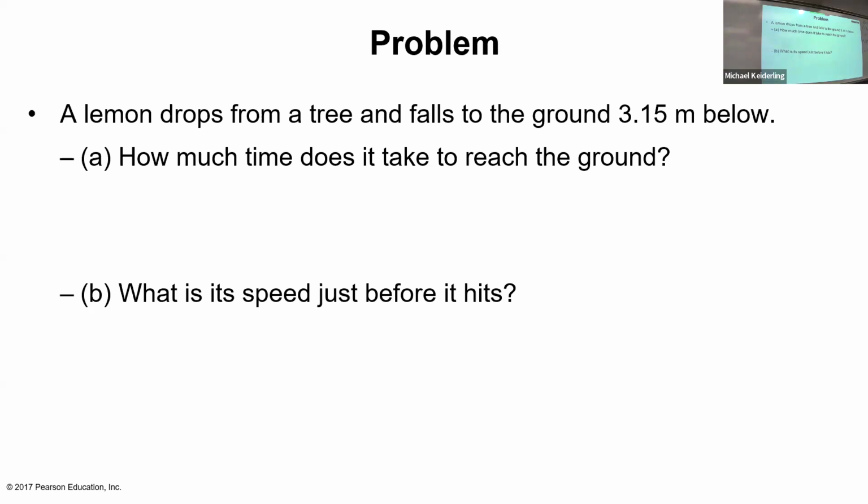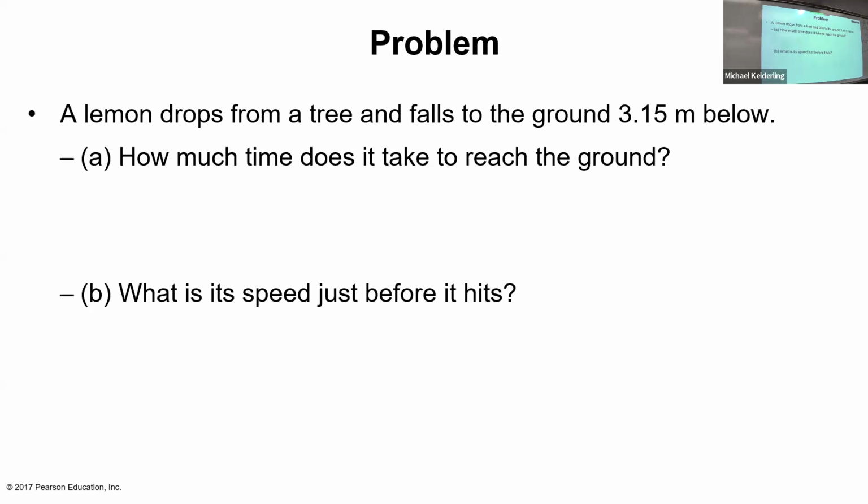Because if your positive direction is up, then your acceleration is negative g, because your acceleration is down. Does that make sense? So if this way is up, the acceleration on the falling object is down.